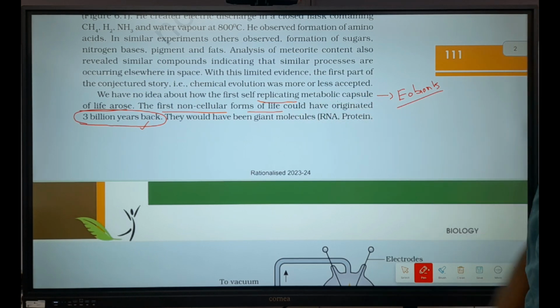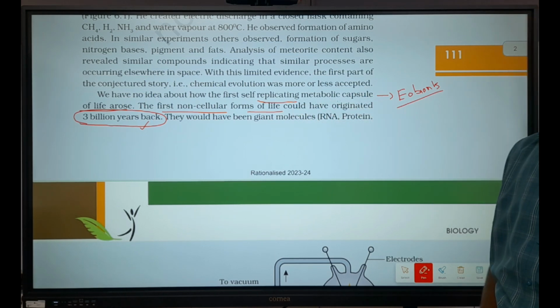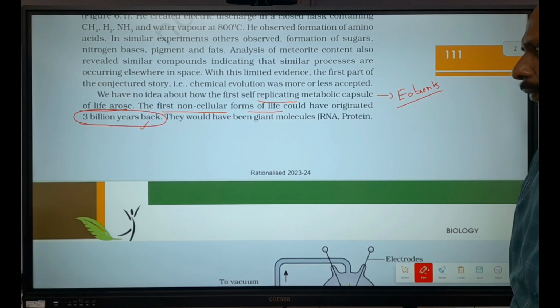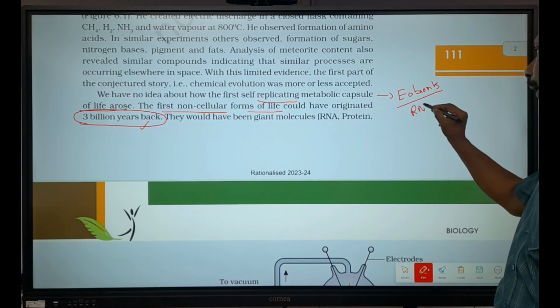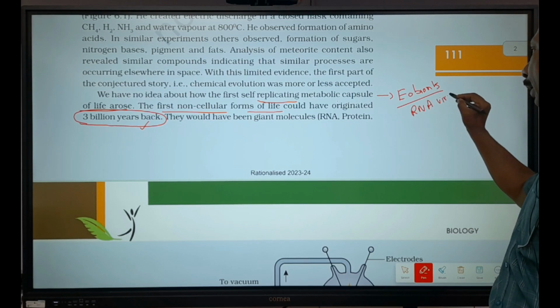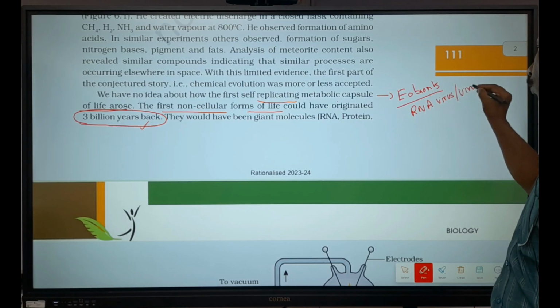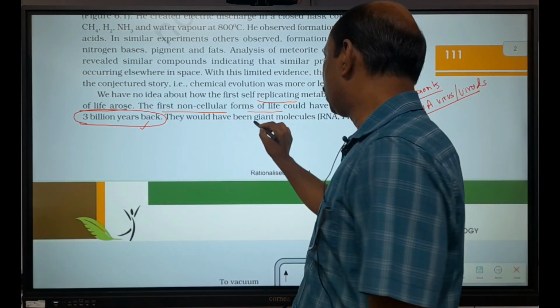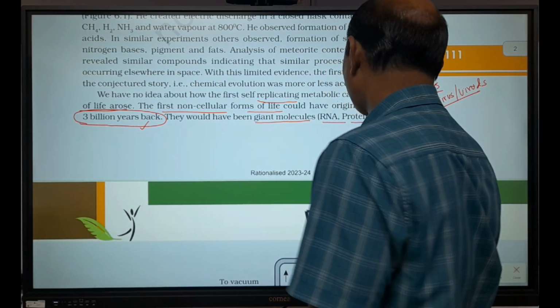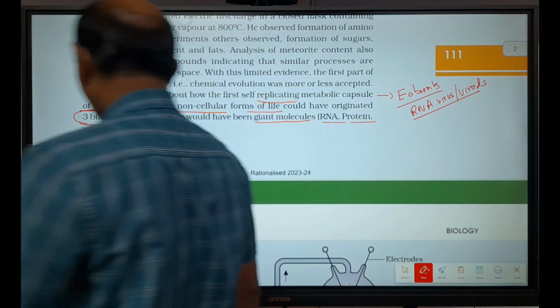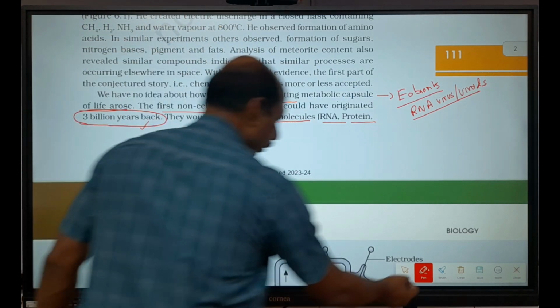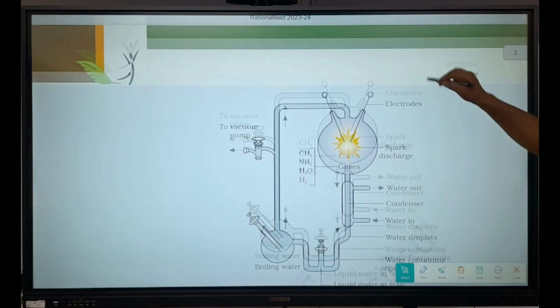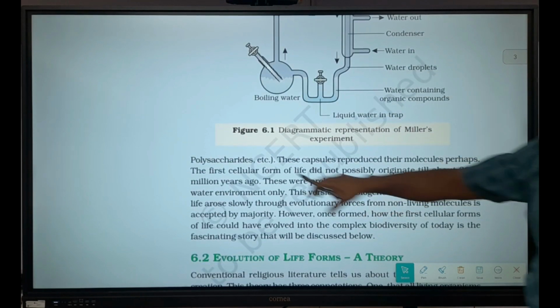Self-replicating metabolic capsules are formed. We can say viruses are formed. They are RNA viruses or viroids, right? They would have been giant molecules made up of RNA, protein, polysaccharides, et cetera.